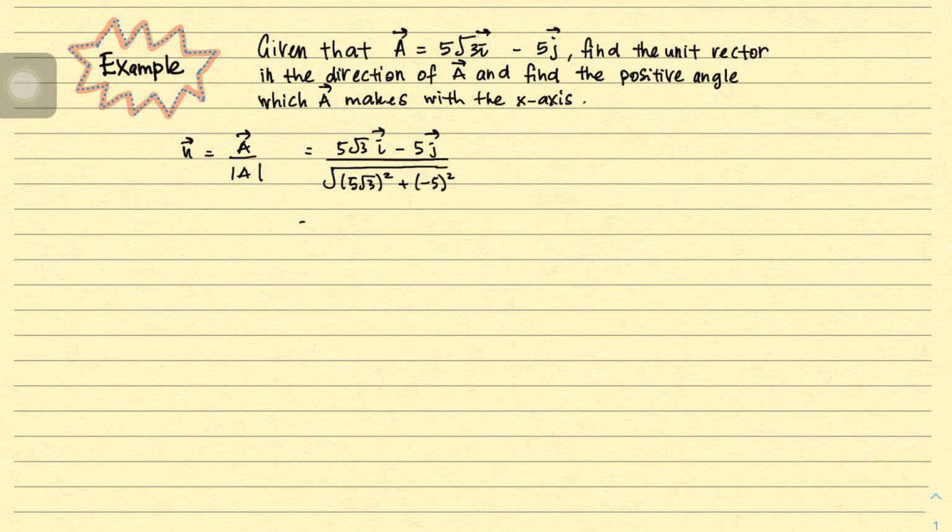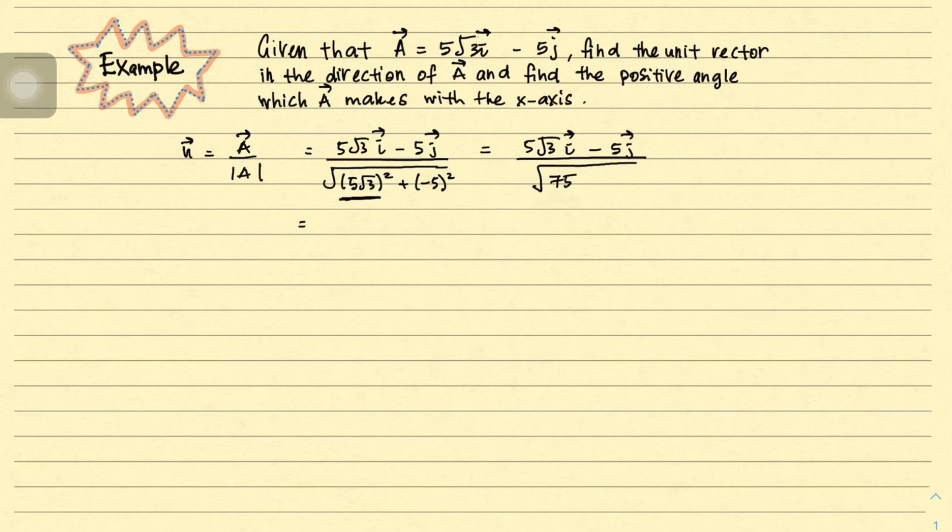Okay, so you have here 5 square root 3i minus 5j. Then we have square root here. 5 square root 3 square will give you 25 multiplied by 3, which is 75.